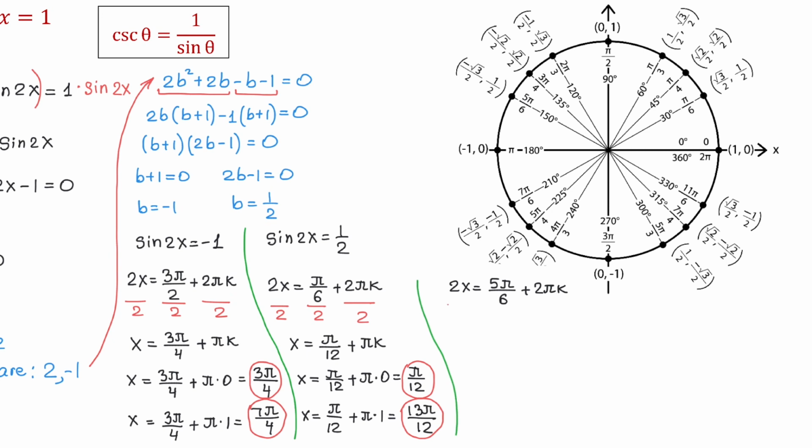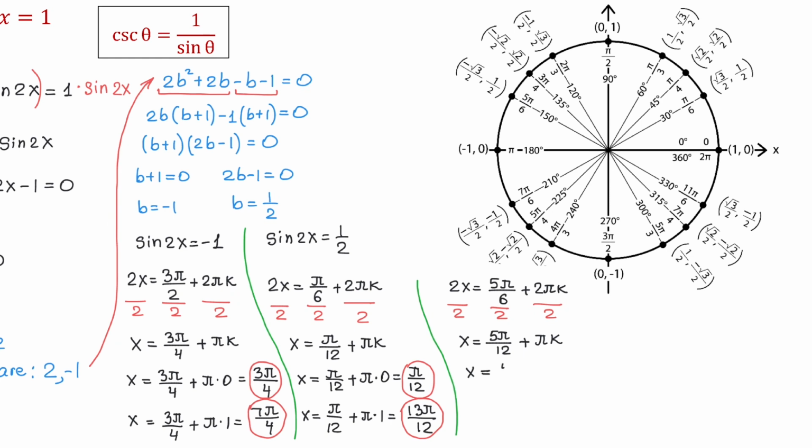We will start by dividing both sides by 2. Then x equals 5 pi over 12 plus pi times k. And now to find the values of x on the interval from 0 to 2 pi, we will start by replacing k with 0.